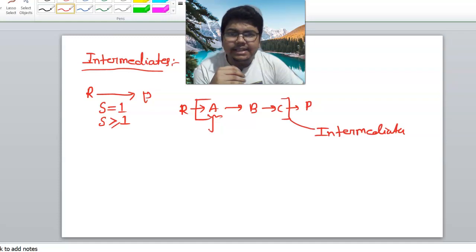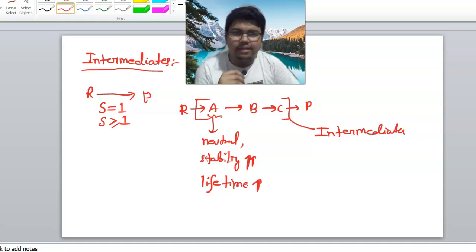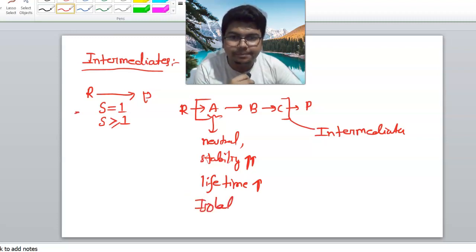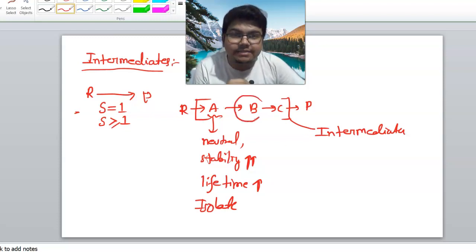Suppose A is a neutral molecule, or its stability is very, very high, meaning it stays in the reaction mixture for a very long time. Then we can say its lifetime is very high, and in every case we can isolate them. So A is an intermediate, but A is not a reactive intermediate.